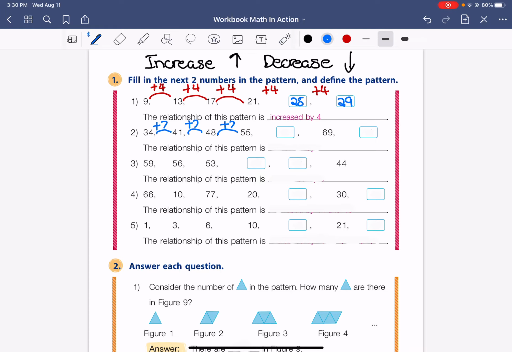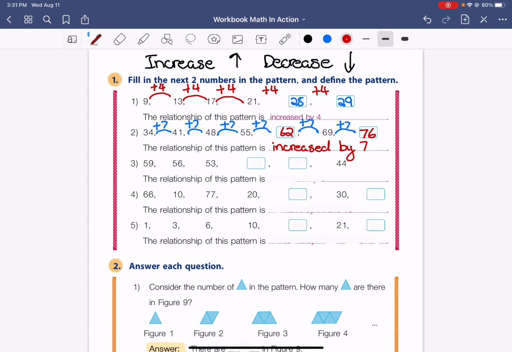So 41 plus 7, 48. 48 plus 7, 55. 55 plus 7, we get 62. 62 plus 7, we get 69. 69 plus 7, we get 76. The relationship of this pattern is increased by 7.